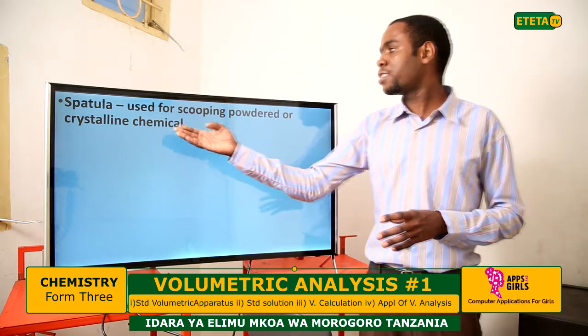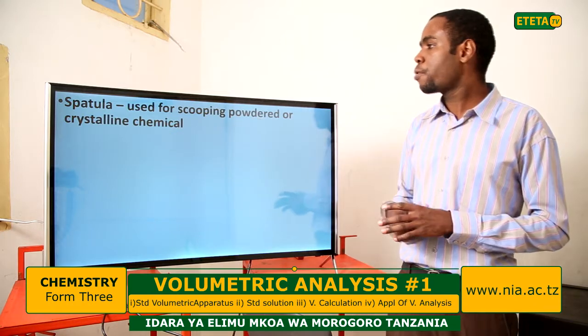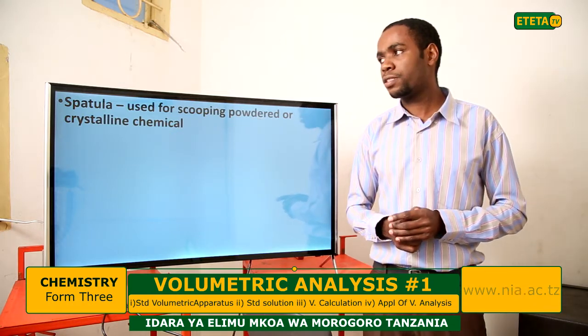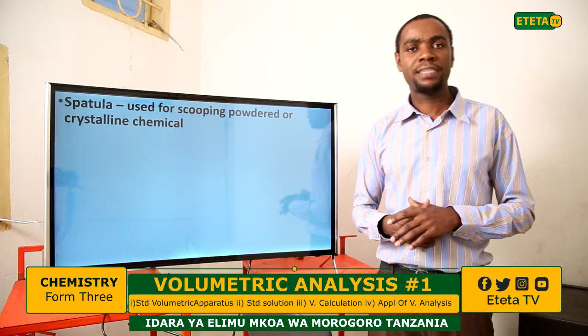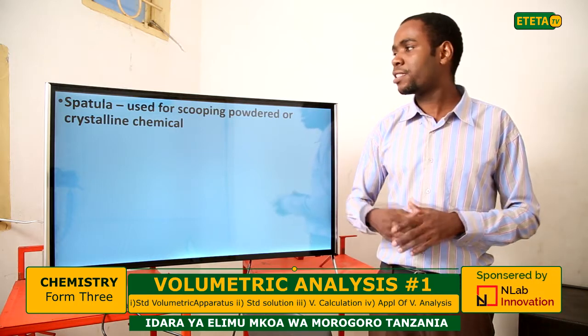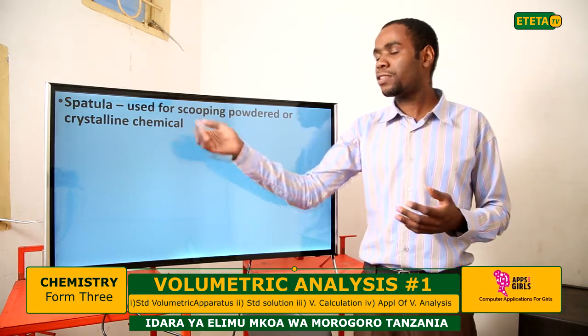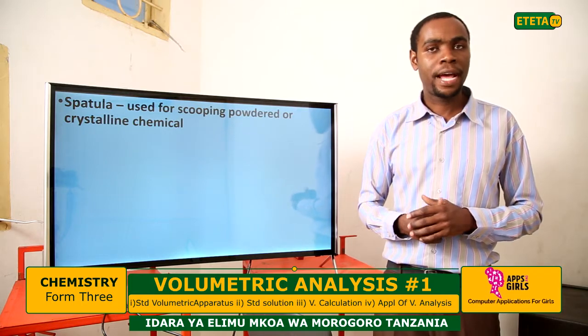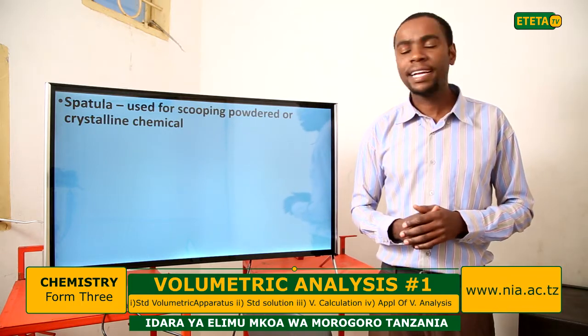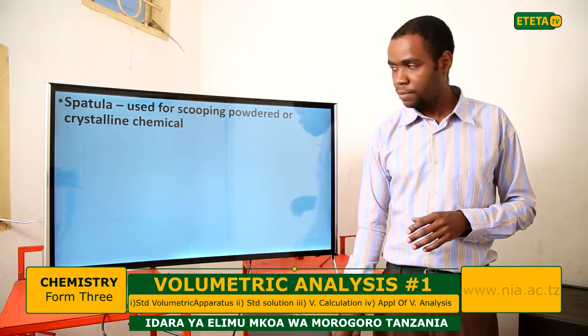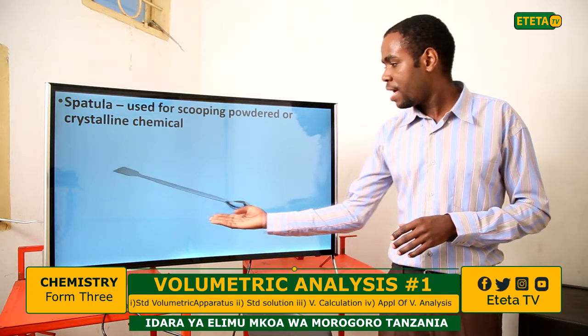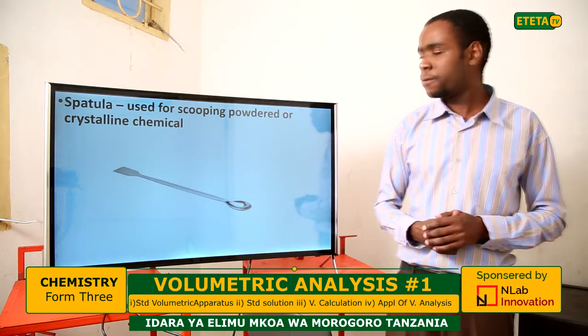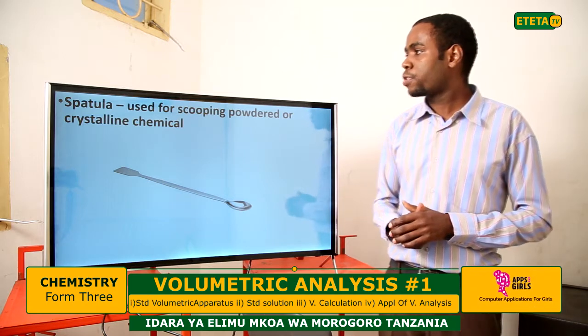Now we use a spatula to scoop the powdered or crystalline chemicals during the experimental process. Once you want to weigh, we use a spatula to scoop those powdered or crystalline chemicals. This one here is the diagram of a spatula.